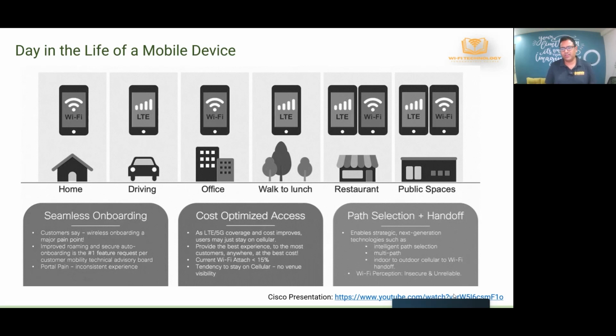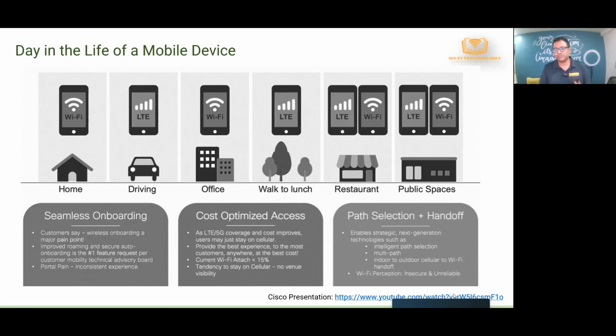The other challenge is that there is a technology where you can use your mobile device on both your cellular network and your Wi-Fi network at the same time, and that would increase your bandwidth. Let's say you're getting a certain amount of bandwidth on your Wi-Fi network, and a cellular network is also available.